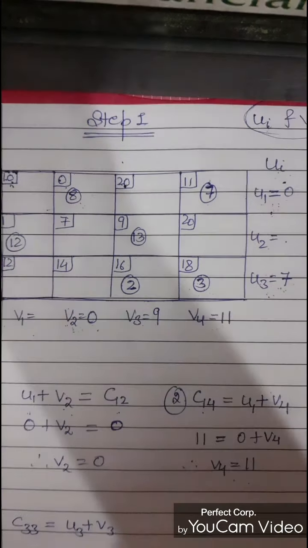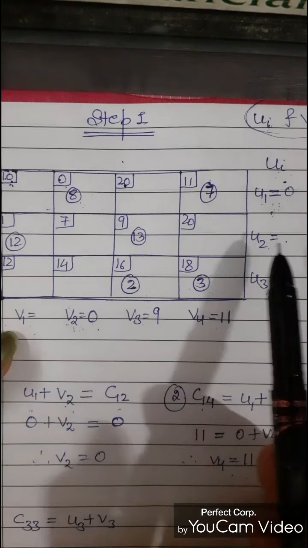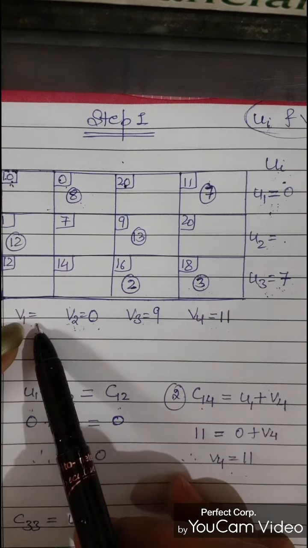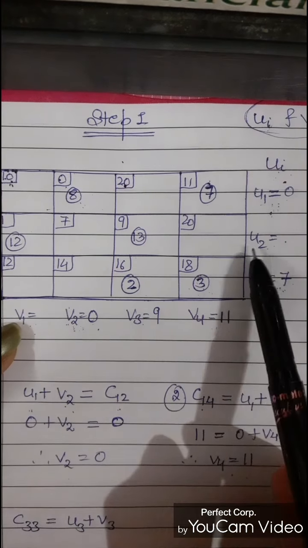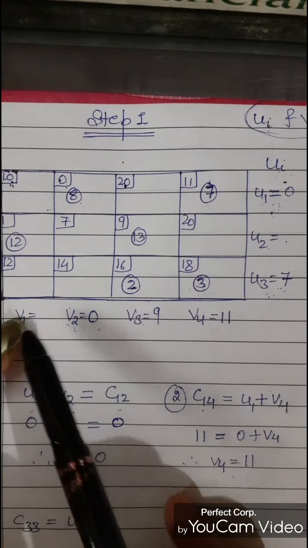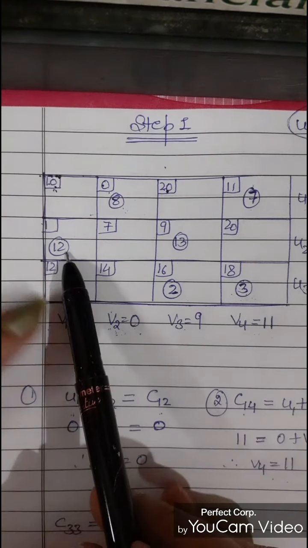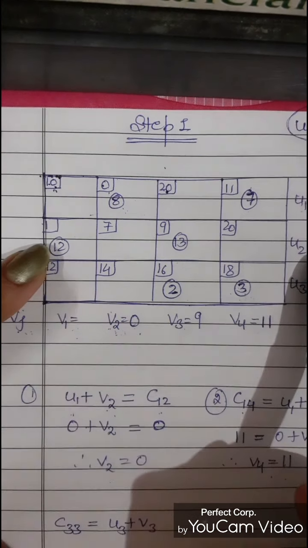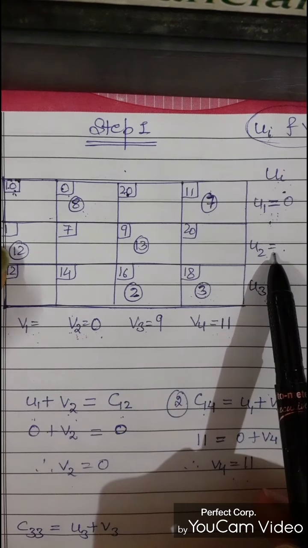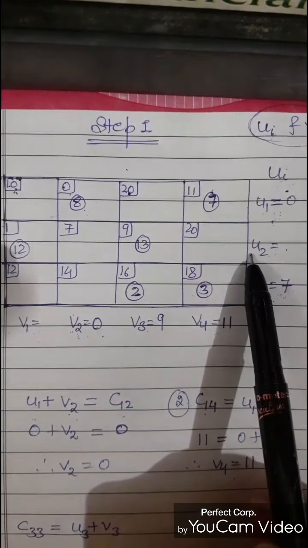Now we are left with U2 and V1. We have to find the values of u2 and v1. So again we will start by finding how we can calculate v1. For v1 I have only one allocation, that is 12, and for this 12 I don't have the value of u2. So it's difficult to find the value of v1 without the value of u2.